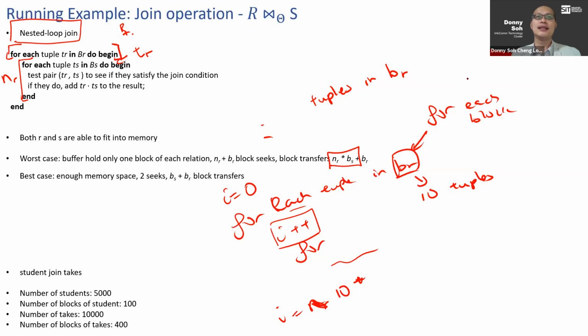But if, let's say, there are 5 blocks in BR, this will run for BR times, and so this will be 50. And so this will be the number of tuples in BR, which is NR. Is this clearer?